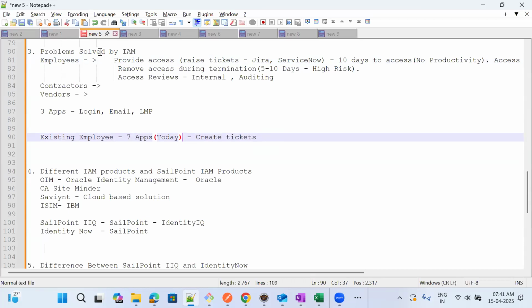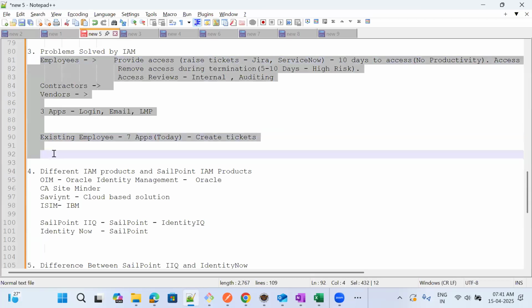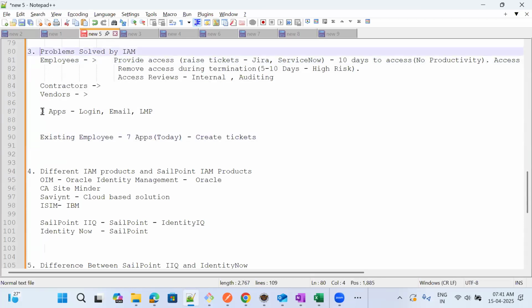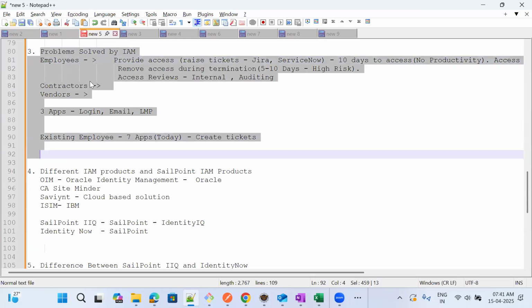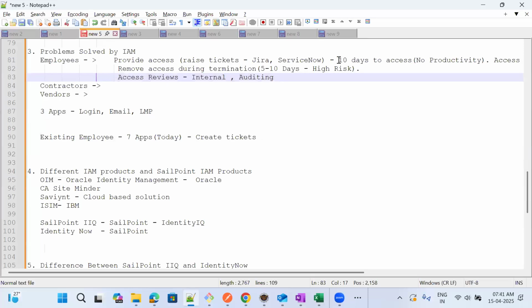On a very high level, these are some of the major problems faced by the IAM domain. In order to solve these problems, we have tools like SailPoint IIQ. By implementing SailPoint IIQ kind of tools, we are going to shorten the time taken to provide access to the users, and we are also going to make sure that we are removing the access only on the last working day.